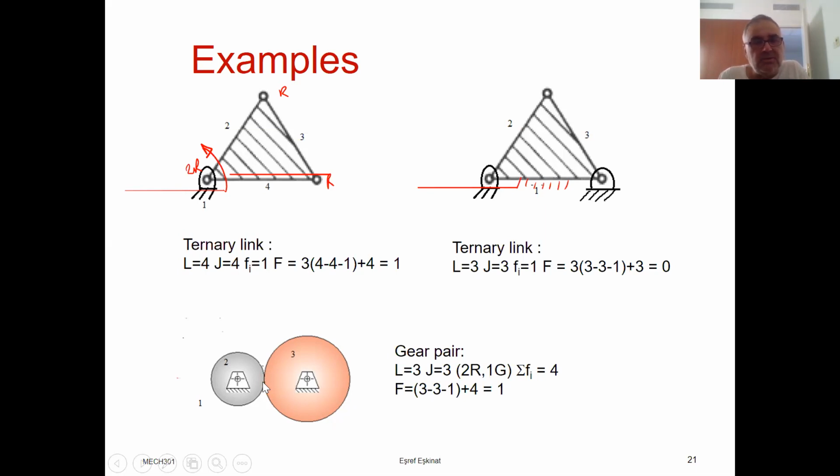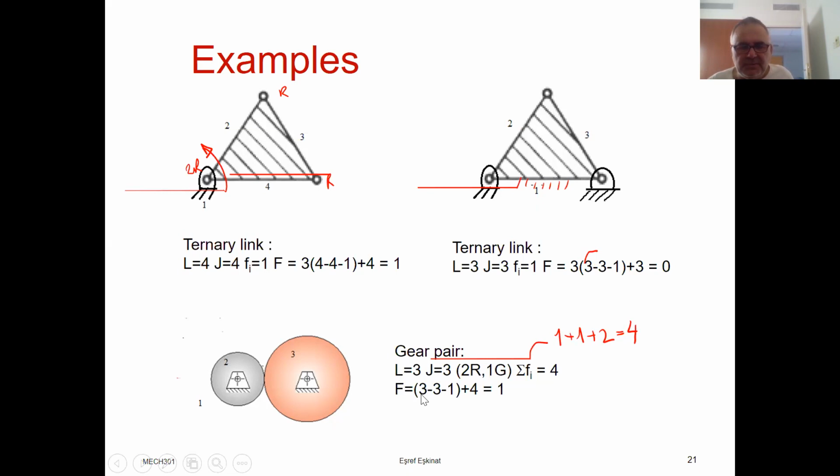And the gear joint has a degree of freedom of, remember, 2. So sigma f_i is 1 plus 1 plus 2, which is 4. The 2 is for the gear joint.